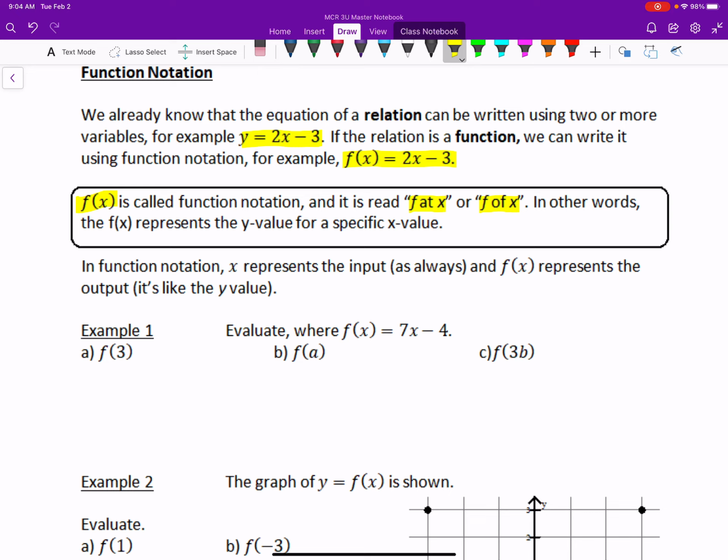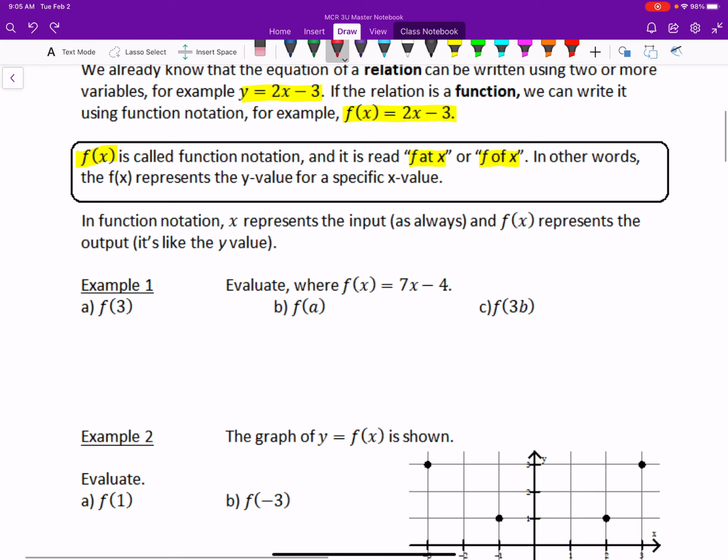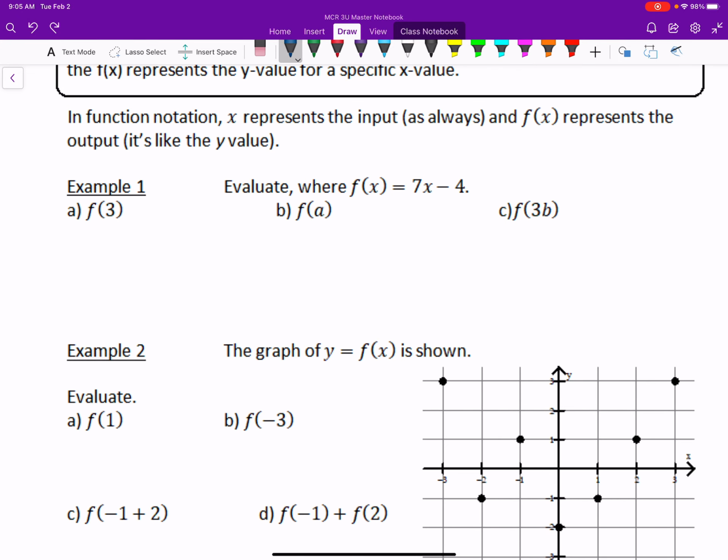If I stick different values of x into this function, so f at 2, f at 3, replacing what's in the brackets with different numbers, then I'll also replace them in the equation. The function does certain things to that x, and then what I get is my new y value that comes out the other end of this process. Let's take a look at some examples to clarify.